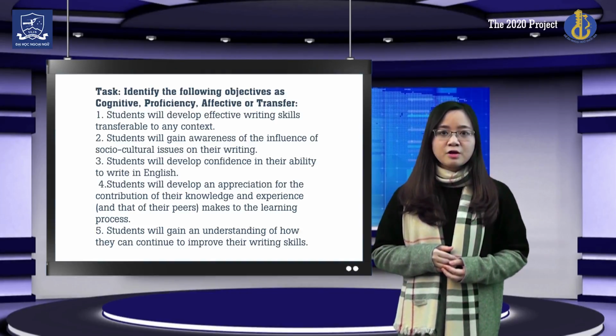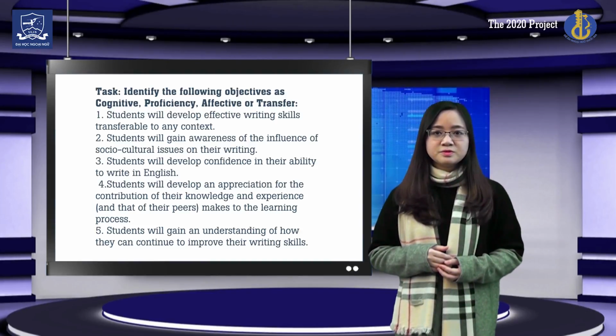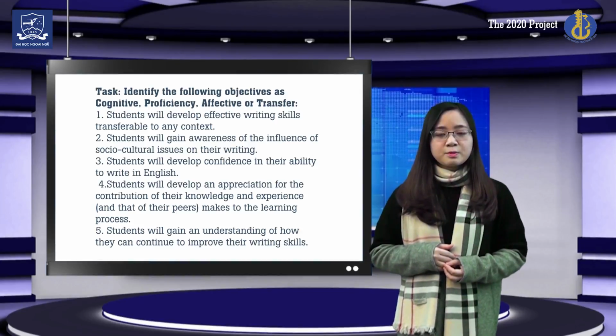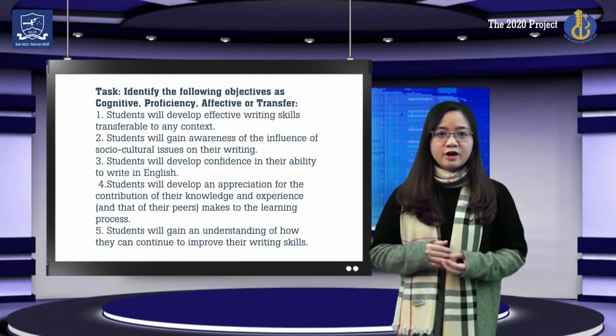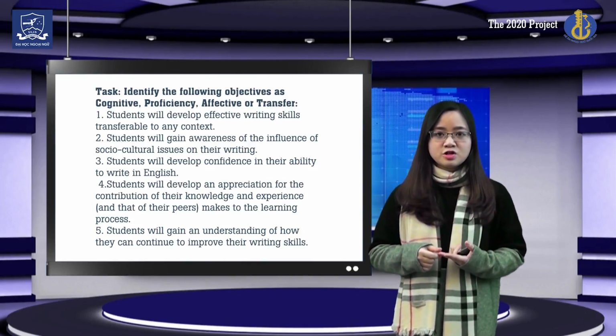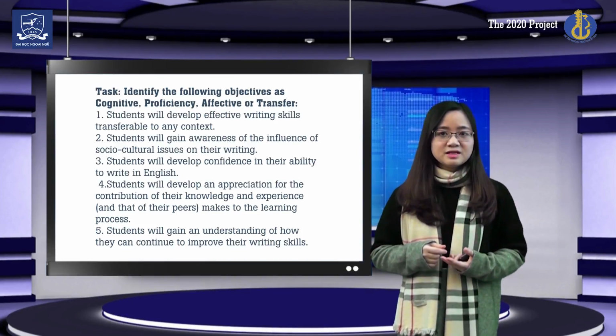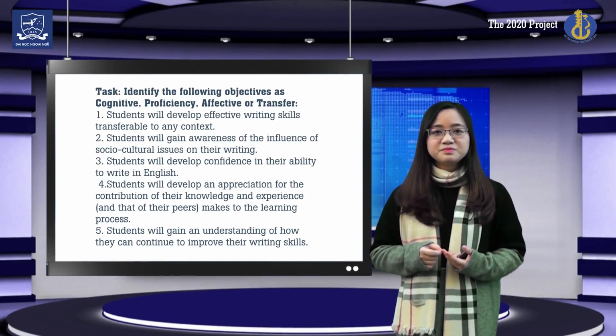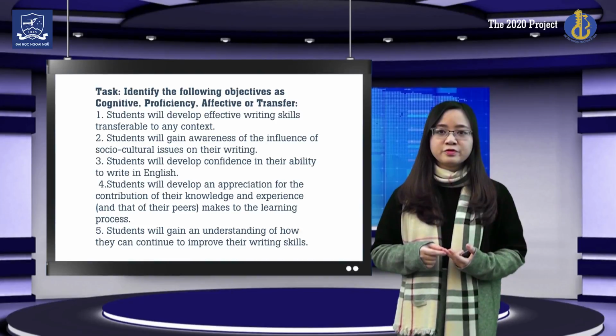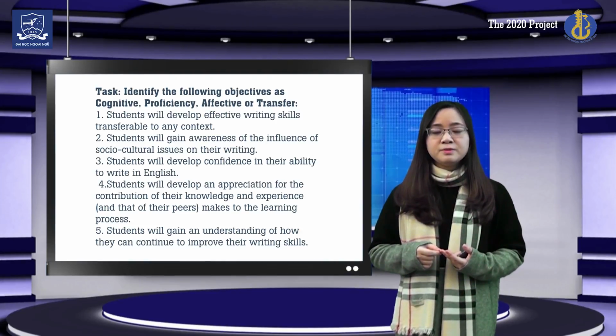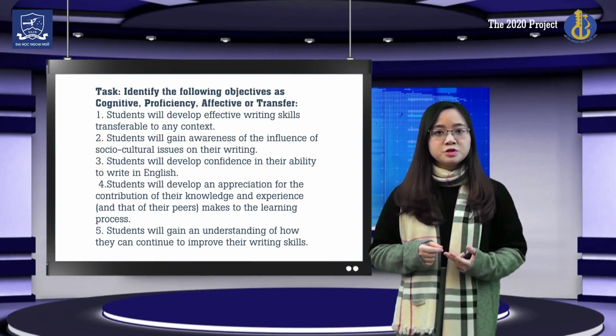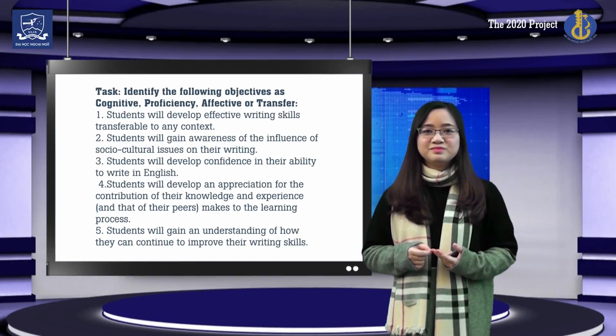So something about culture should be cognitive goals. Goals number 3 and 4 relate to confidence and appreciation, which are characteristic of affective goals. The last goal refers to ways to continue improving writing, so it should be a transfer goal.